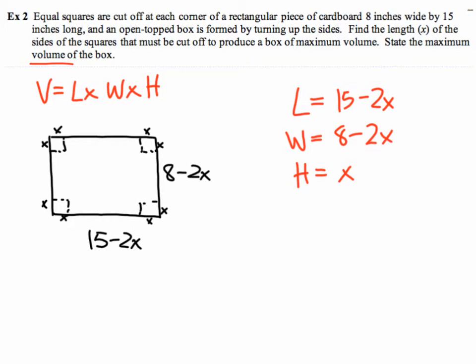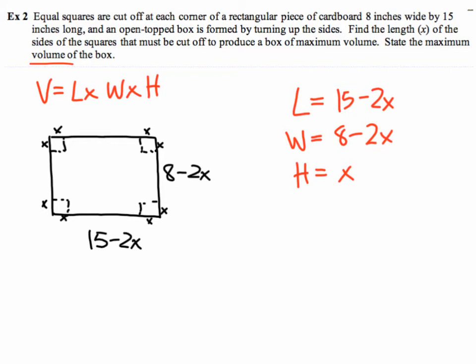And if you haven't done this before, you should actually take a piece of paper, cut out little x by x in the corners and fold up that piece of paper, and you'll see that you get an open box when you fold up the corners, up the sides of the box. So that means that my width, since I've cut out x from each corner, my width now becomes 8 minus 2x, and my length is 15 minus 2x.